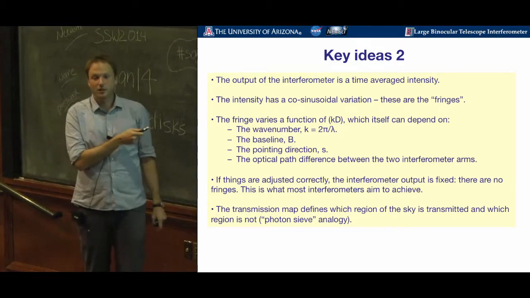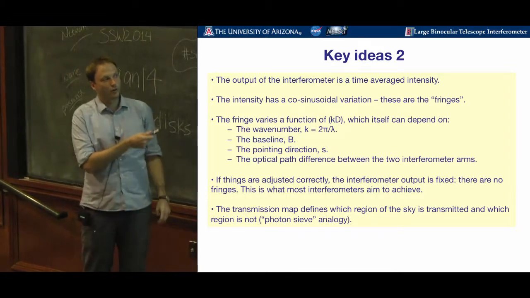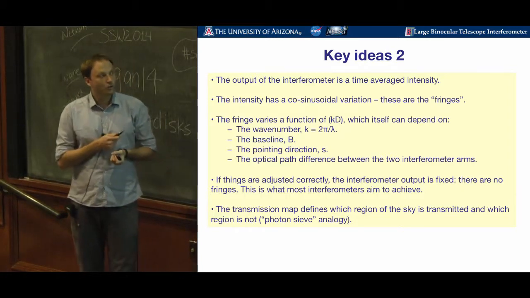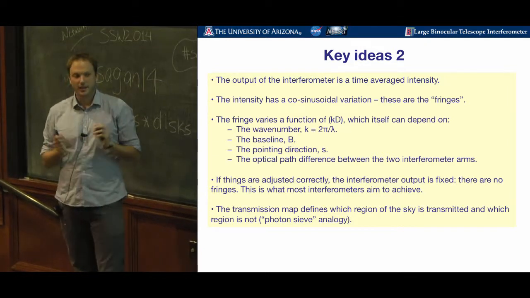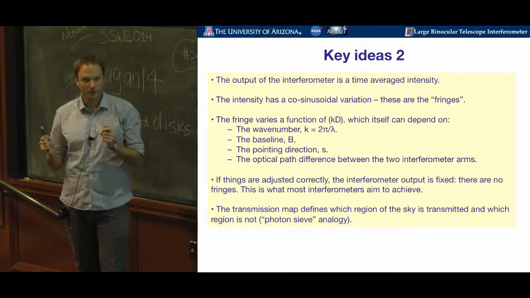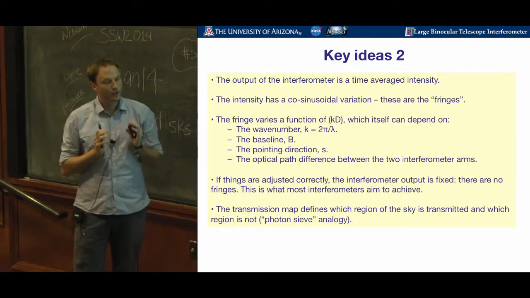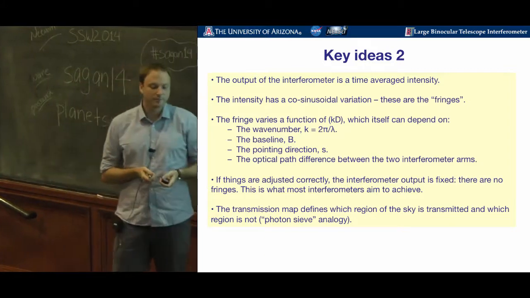The pointing direction, this is the transmission map. And of course, the optical path difference between the two arms. So usually what interferometers are trying to do is to match really well the optical path between the different arms and stabilize the system to have a stable destructive or constructive interference.